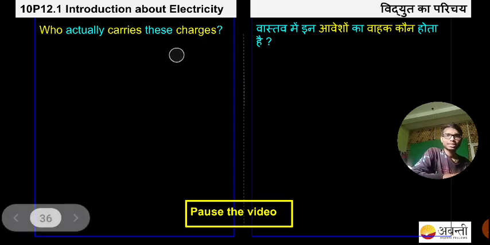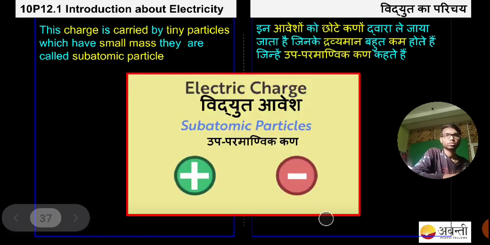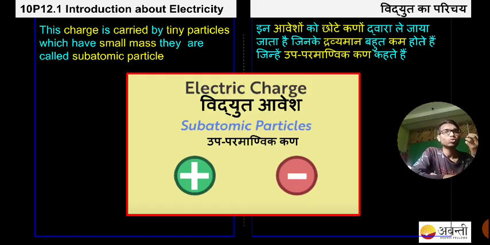Who actually carries these charges? We know conductor. These charges are carried by tiny particles which have a small mass. They are called subatomic particles. These are particles which carry charges.